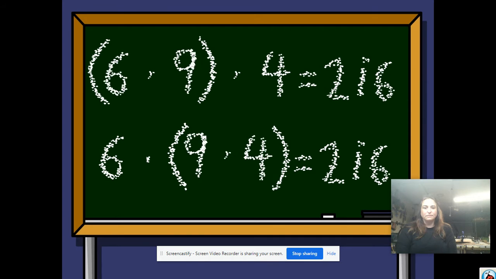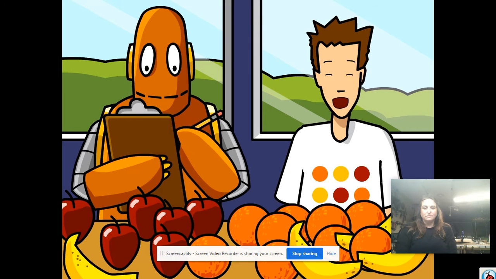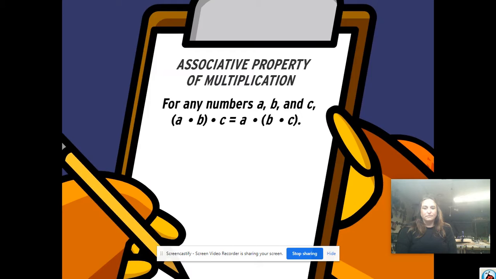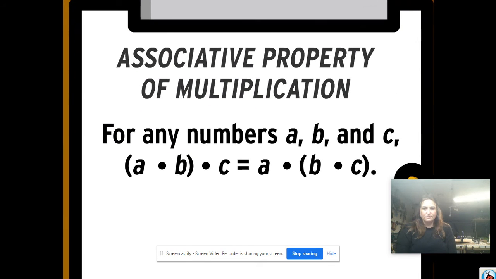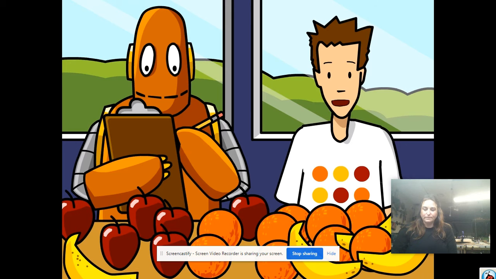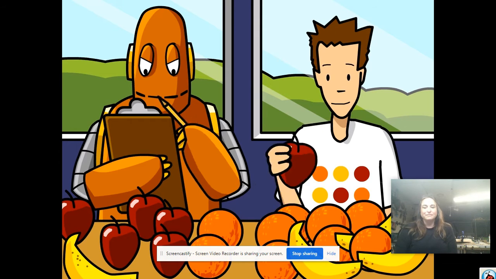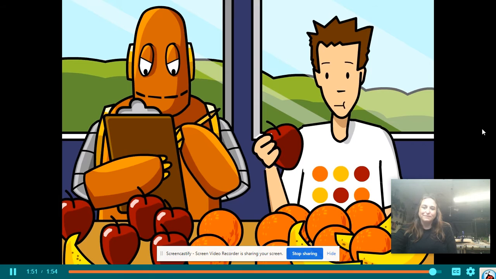It checks out. That's the associative property of multiplication. For any numbers a, b, and c, (a times b) times c equals a times (b times c). And that's the associative property at work. Now can I have an apple? Thanks, Bobby.